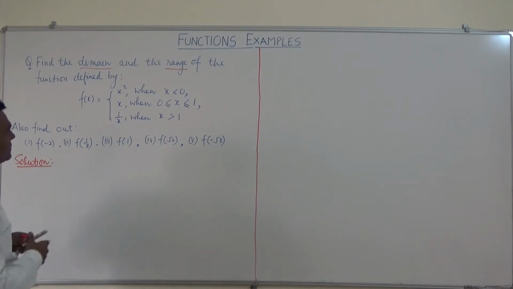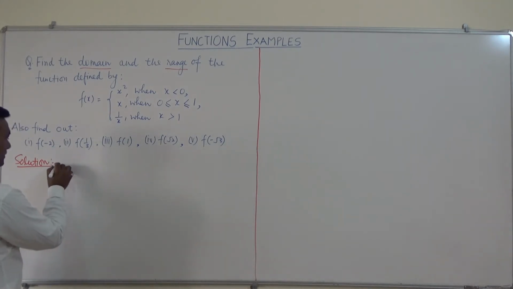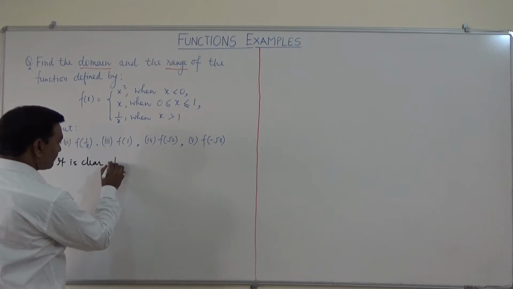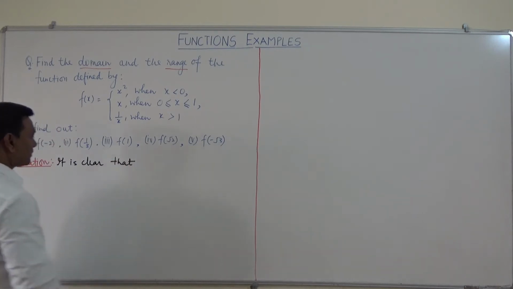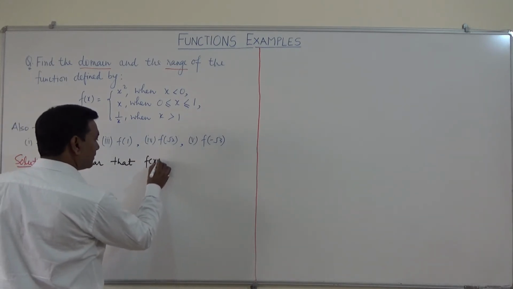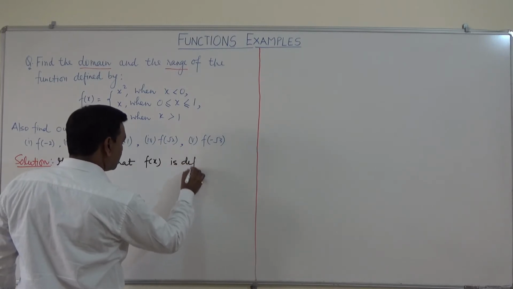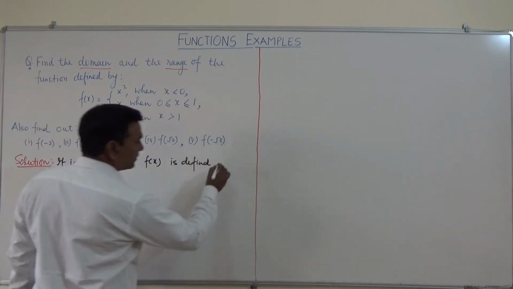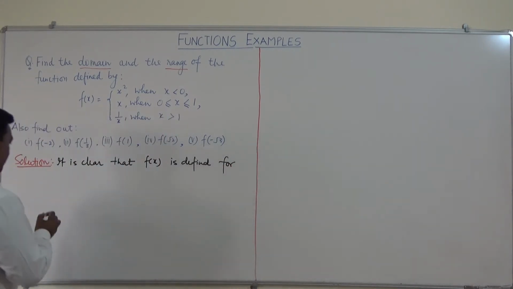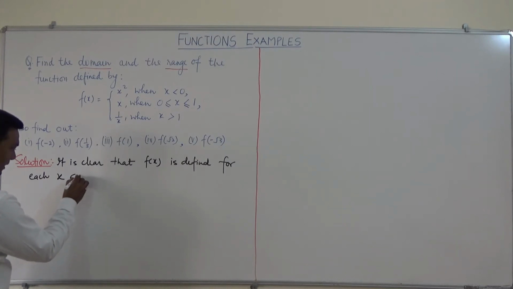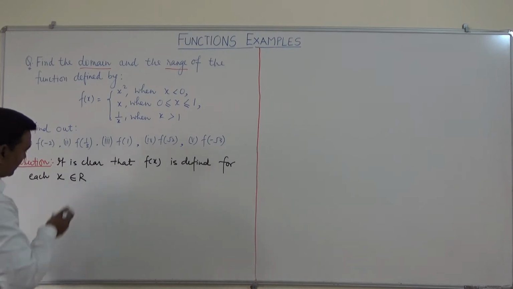So it is clear from this question that f(x) is defined for each x that belongs to R. So this is the set of real numbers.